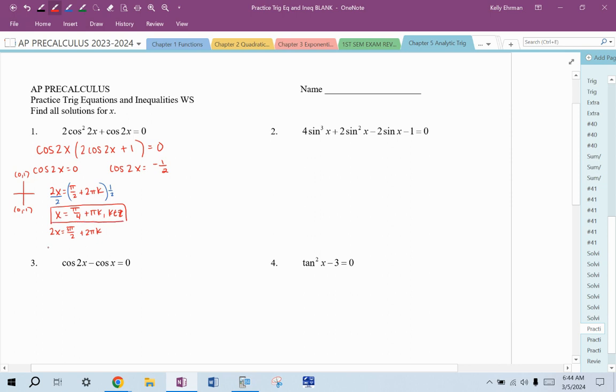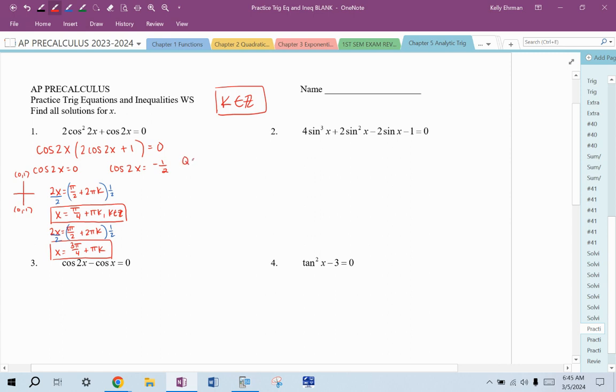And then we also get, when we divide by 2 again, that x equals 3 pi over 4 plus pi k. And k is still an integer. To save room on this paper, I think I might just do a general k is an integer for all of these.